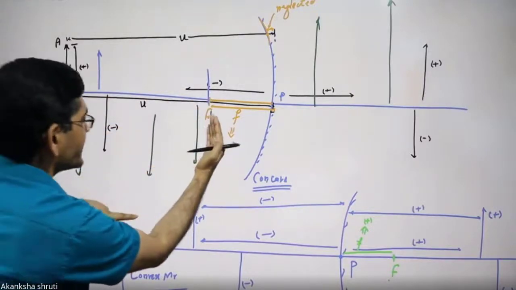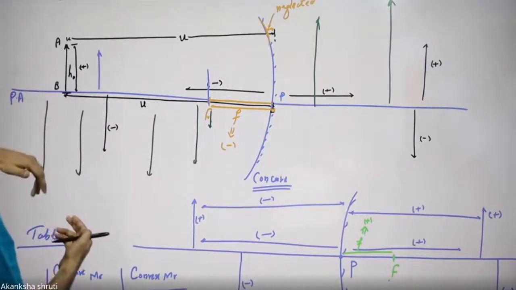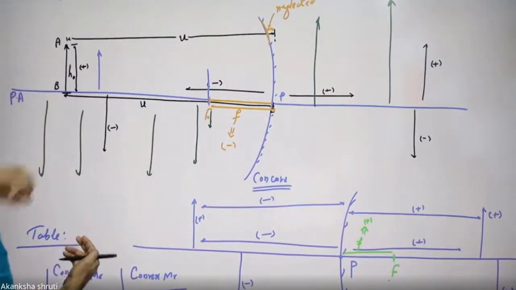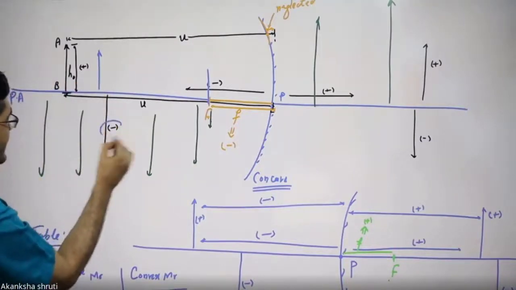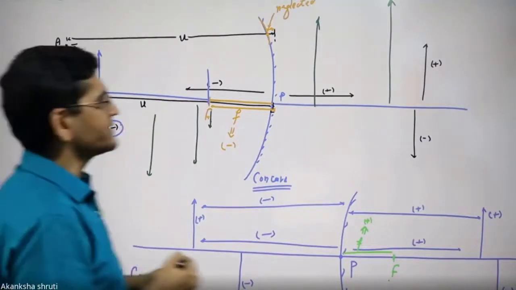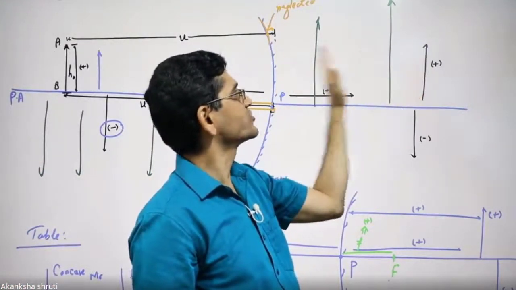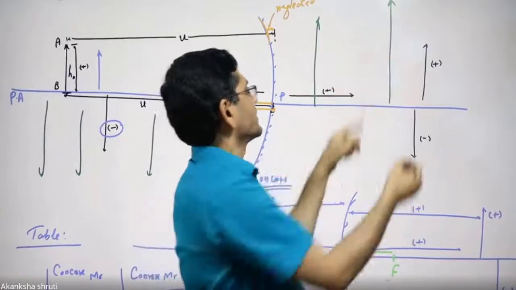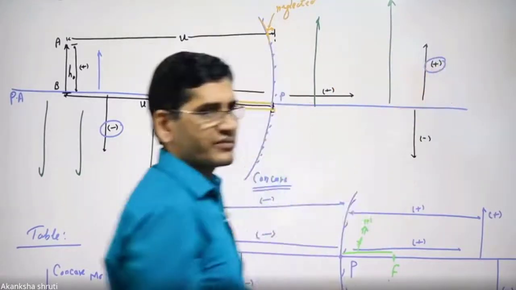In case of a real image, we have observed that the image is always inverted, which means it is downward, and a downward height we have to take negative. But if the image is formed behind the mirror, meaning a virtual image, the image will be upright, so its height has to be taken positive.